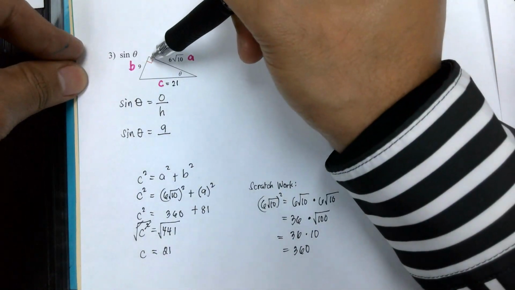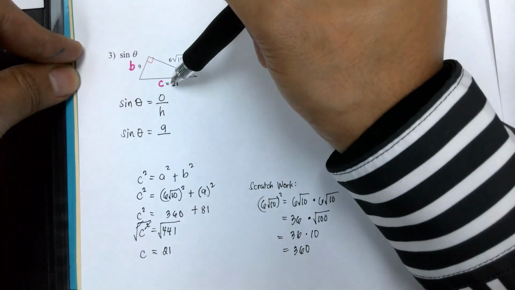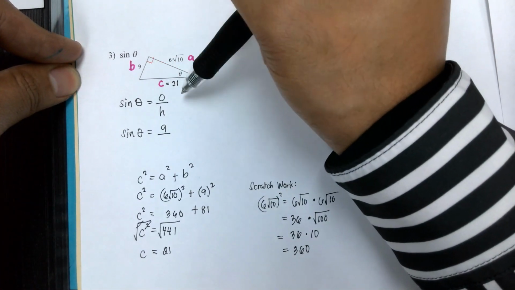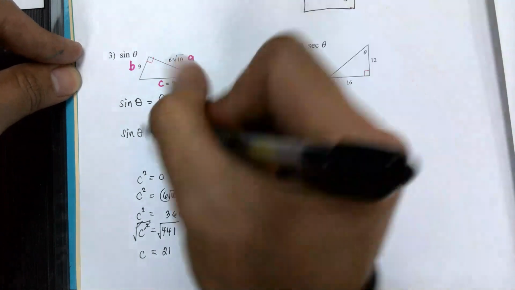That tells us that 21, which is right across this symbol, is our hypotenuse.